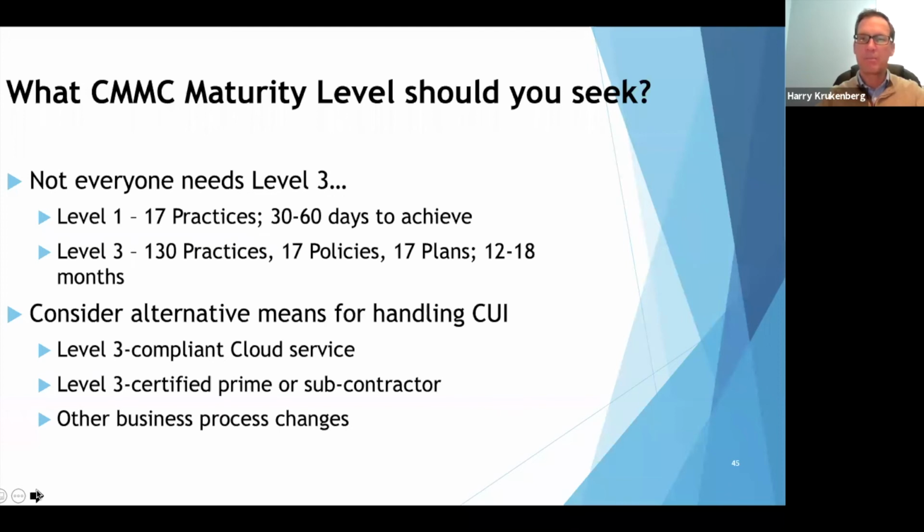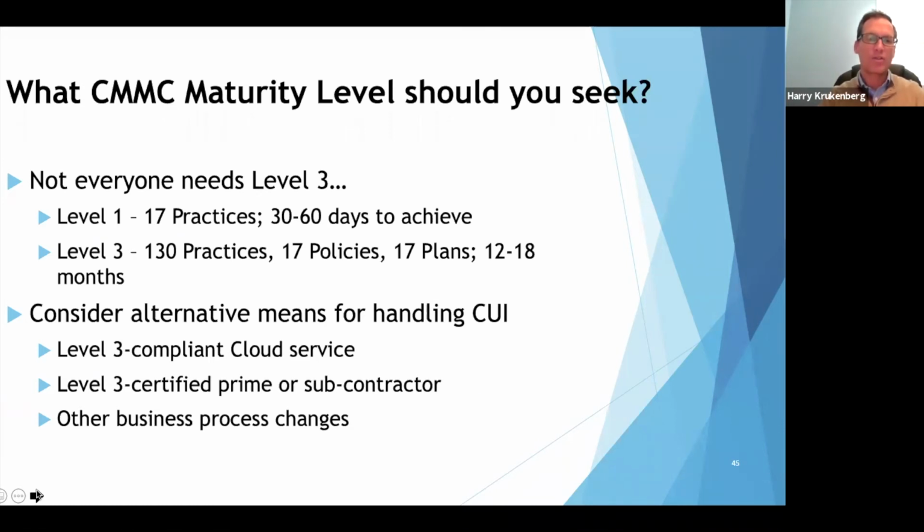And there are multiple ways to do this. You could have a CUI compliant server. I've talked to very small businesses who obtain and pass and process technical drawings and technical data on a single computer within their company or organization, and that single computer becomes that level 3 compliant domain.